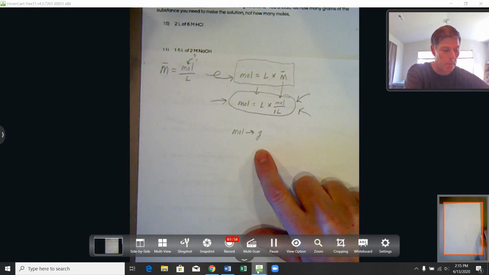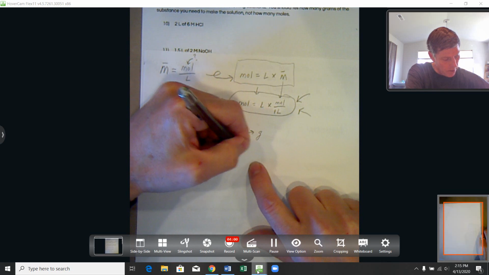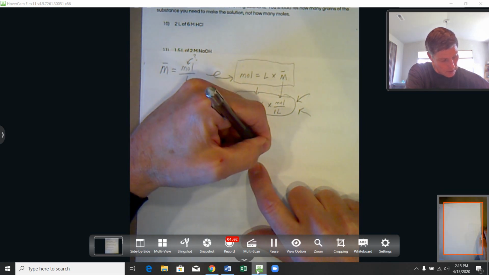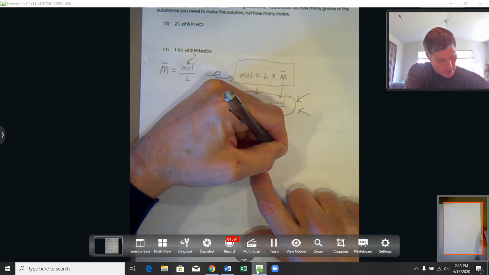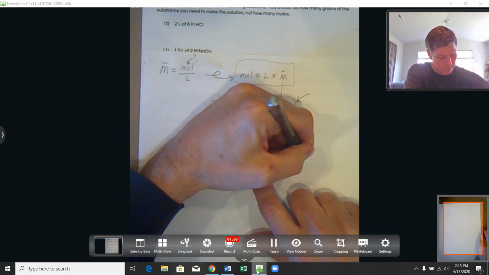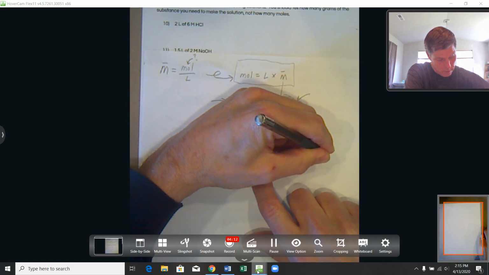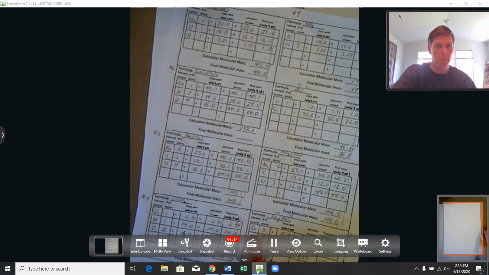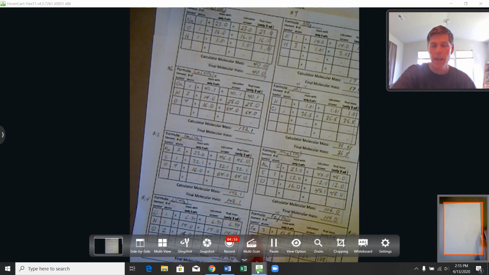We talked about that before as to how to do it. Remember, 1 mole of a substance equals the mass of that substance. And that's why we used the molecular mass sheets and went through that.